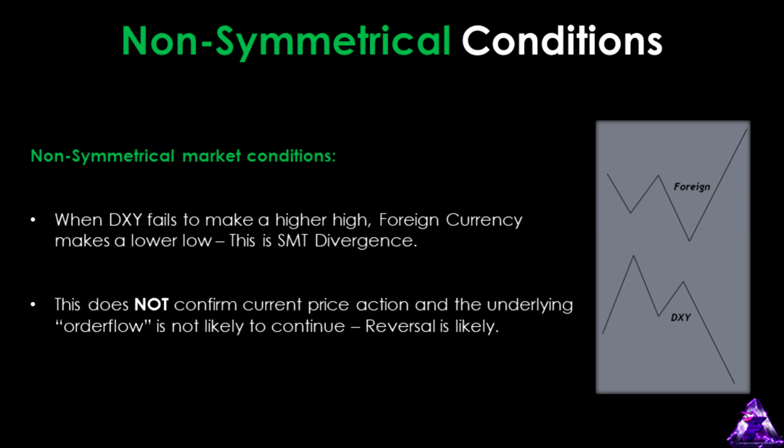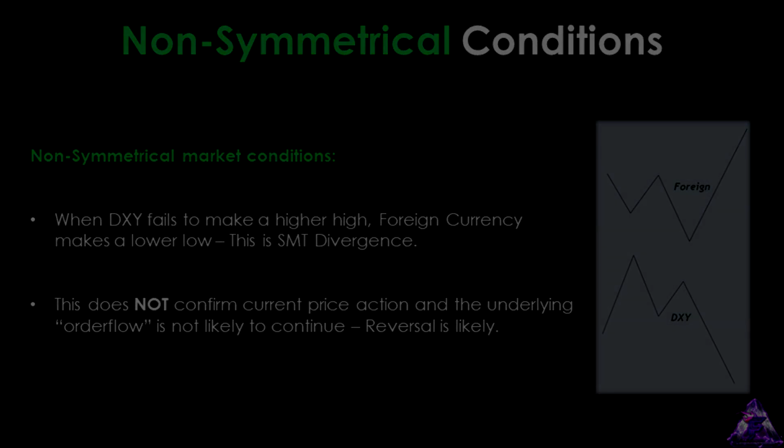If the DXY failed to make a higher high, then the underlying or foreign currency should also have failed to make a lower low in order to maintain the symmetry. However, it did not. Instead, it made a lower low, showing a discrepancy. So the underlying order flow is unable to continue, and the current price action is not confirmed.